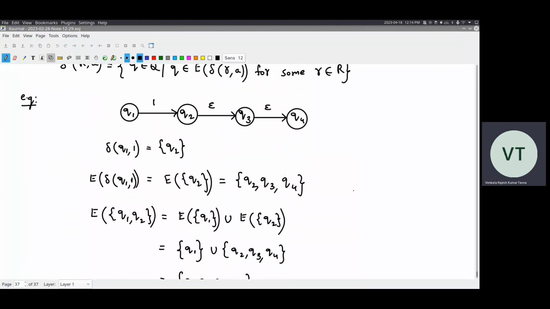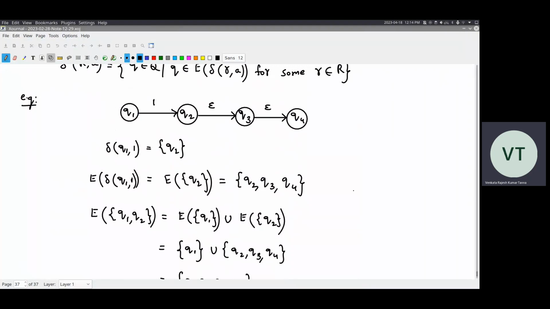You see, the point is simple. Forget the definition of E and all that. E of Q1, Q2 simply means: from Q1 and Q2, what all states can I reach? Once I reach Q1 and Q2, what all states can I reach without taking any more input? Once I reach Q1, I cannot reach any more state without taking any more input. I can just be in Q1.